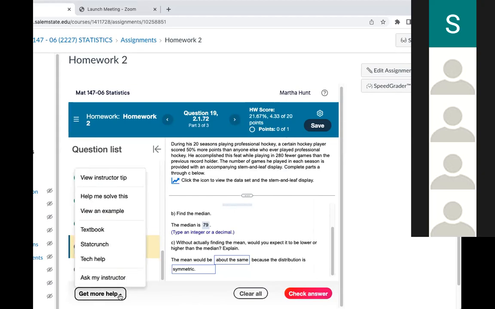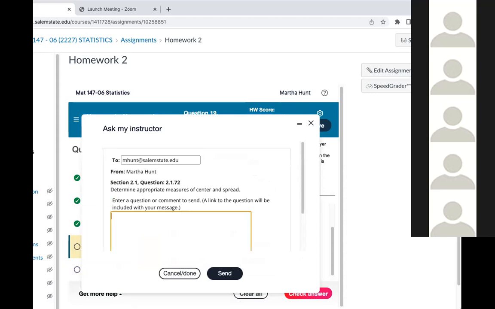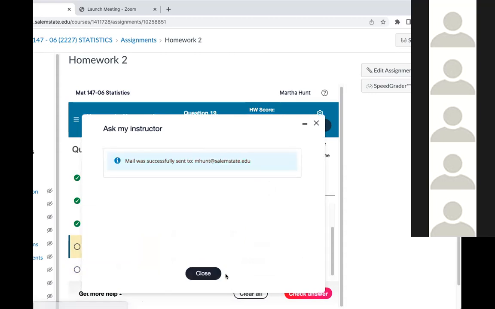You can view an example, help me solve this. Look at those, they're really good. They guide you through the problem. Whenever you're stuck, remember they're there. They sometimes even do the problem for you. And then the last ditch effort after you've tried everything and you're still confused, ask my instructor, and boom, that sends me an email with your name and the problem that you are working on.